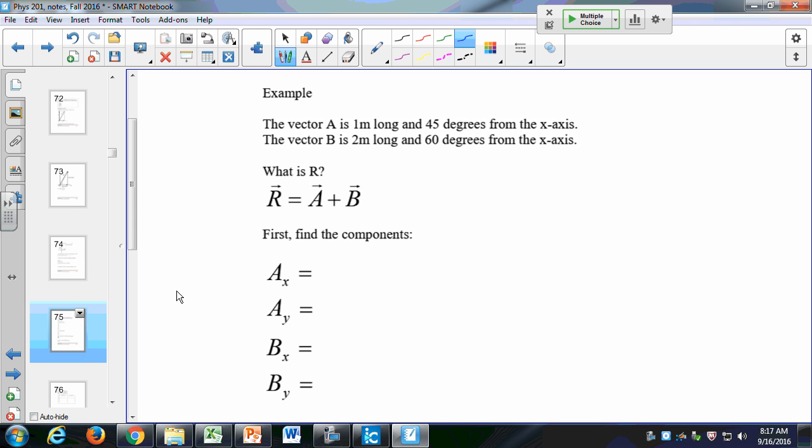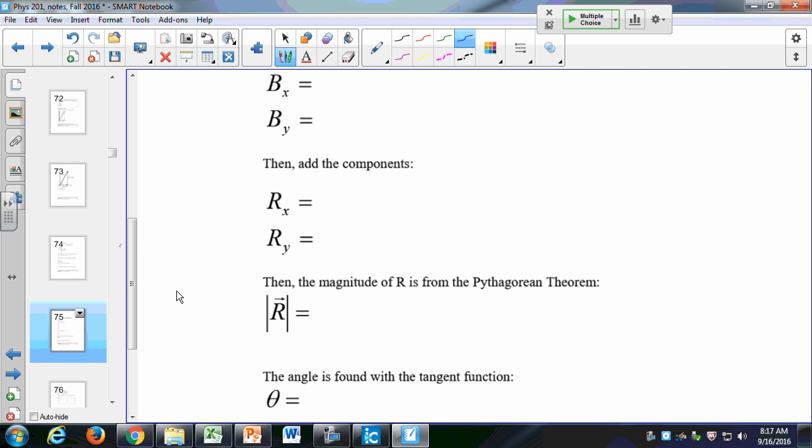Then I want to find out what is Rx and Ry. By the way, if you had a third vector, you just find the x and y components of that. So I add the components. Rx is going to equal Ax plus Bx. That's equal to 0.71 plus 1.